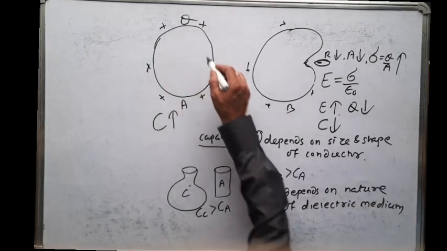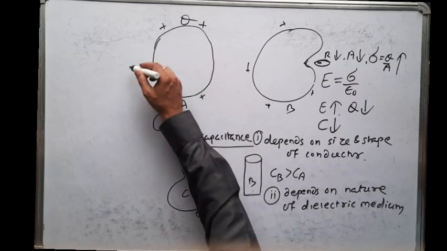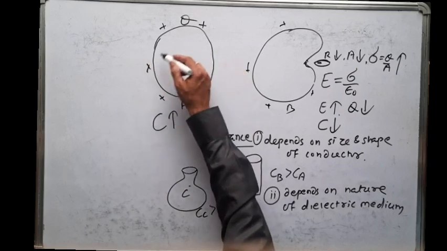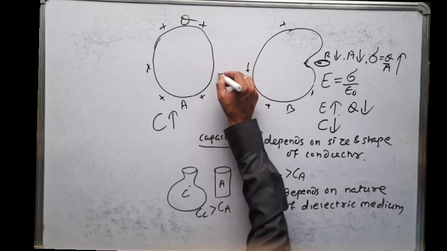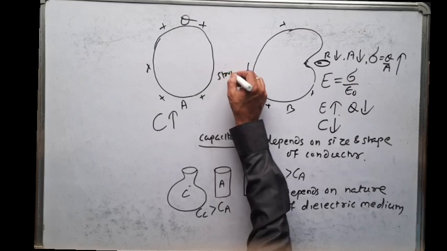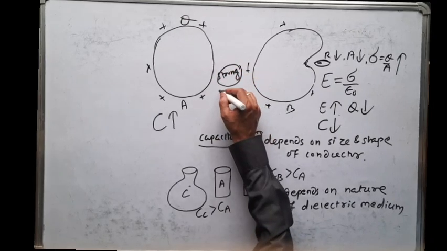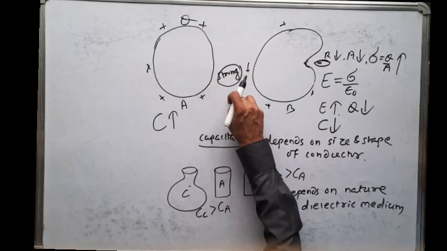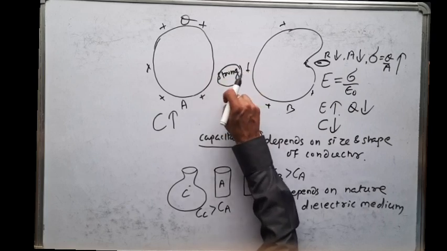Suppose this is a conductor. This conductor is surrounded by a dielectric medium. Now, if I take a strong dielectric, what will happen? The dielectric strength of the medium is more.